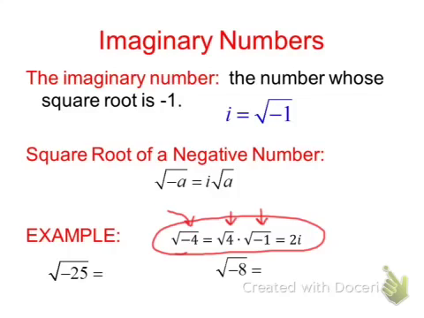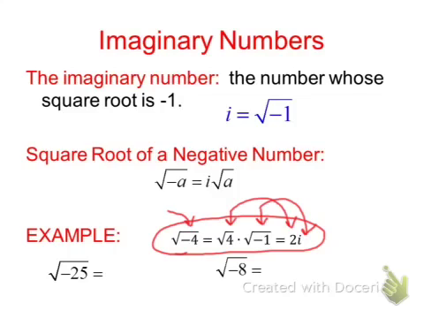By doing that, I've separated the square root number part from the negative part of the square root. The square root of -1 is where I get my imaginary number i, and the square root of 4 is where I get my 2, right? The square root of 4 is 2.